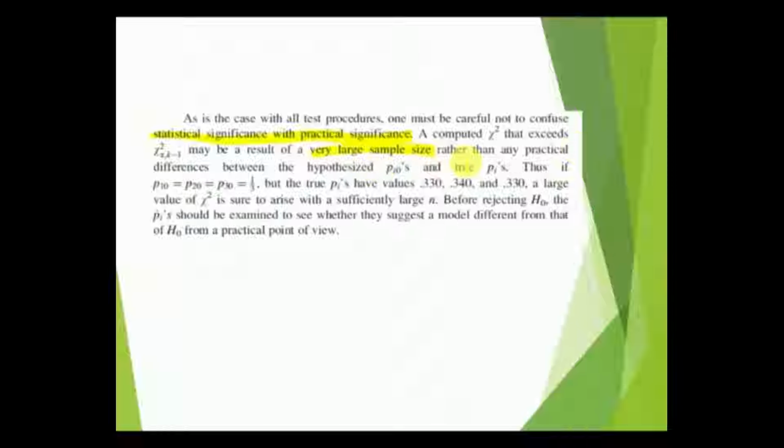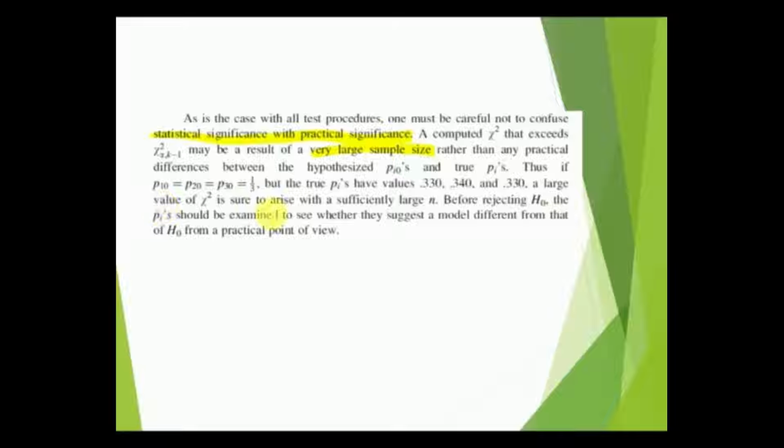There may not be practical differences between the hypothesized values under the null hypothesis and the true proportions, for example. So, for example, if you hypothesize that all the proportions are equal to a third, but the true proportions are 0.33, 0.34, and 0.33, a large value of the chi-square will indicate statistical significance. If your sample size is large enough, you will reject the null hypothesis.